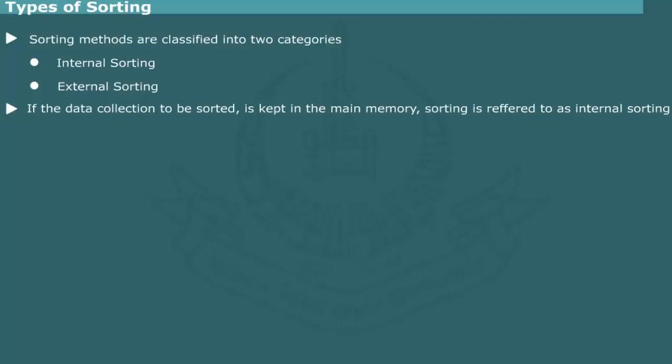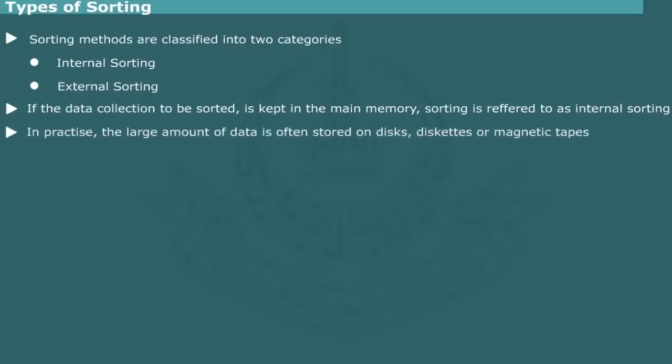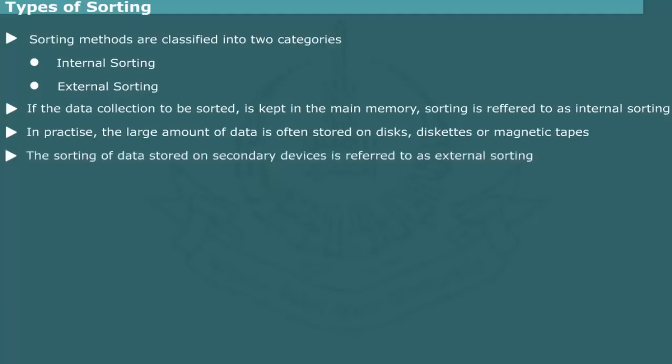In most real-life applications, however, all data to be sorted cannot be accommodated in random access memory and is instead stored in secondary devices such as disk, diskette, or magnetic tape. In this case, blocks of data residing on auxiliary storage are loaded into the main memory, processed, merged with data on the devices. This mode of sorting is referred to as external sorting.